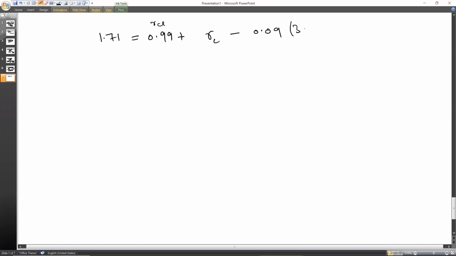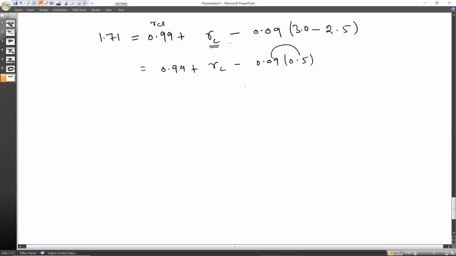We have to keep in mind that the more electronegative element, whose electronegativity is given to you, we have to put first, chlorine, we are just giving it the preference. So what will you get here? You will get 0.99 plus Rc minus 0.09 into 0.5.